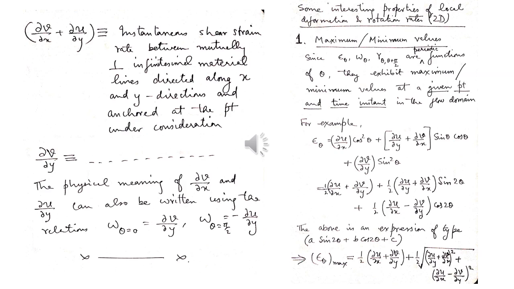So it is very easy to write the maximum minimum values without even going into the calculus ways, because I know that if there is a trigonometric expression of the type a sin 2 theta plus b cos 2 theta plus c, then its maximum value is c plus square root of a square plus b square.